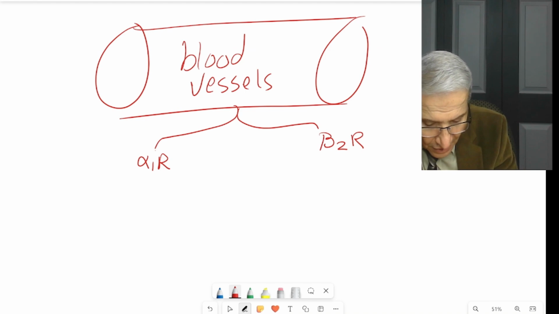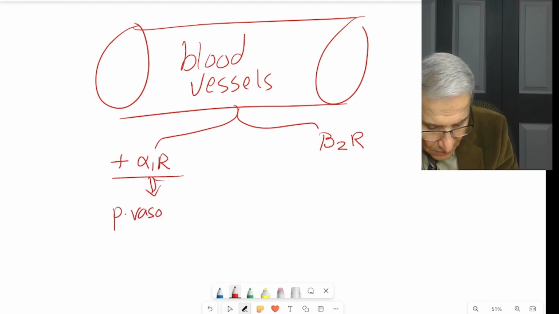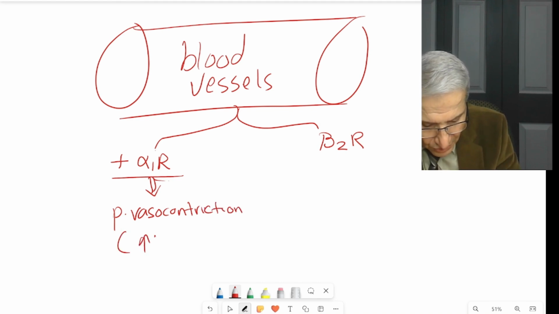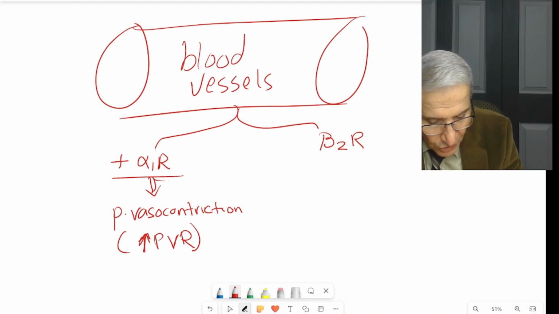Alpha 1, when you stimulate alpha 1 in the blood vessels, the result will be peripheral vasoconstriction, and we call this peripheral vasoconstriction, resistance increase. Beta 2 works as the opposite action to alpha 1.